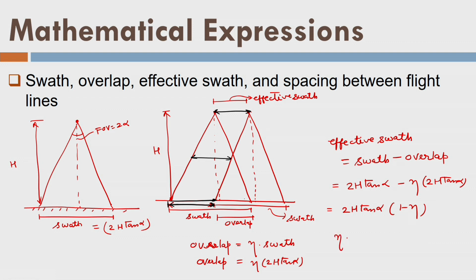Eta, which is my overlap percentage, is generally expressed in percentage, for example 10%. So it becomes 0.1. So if I put here 0.1, I will get 0.9 times my swath as my effective swath. So this is the simple concept of the swath, effective swath, and the spacing between the flight lines.